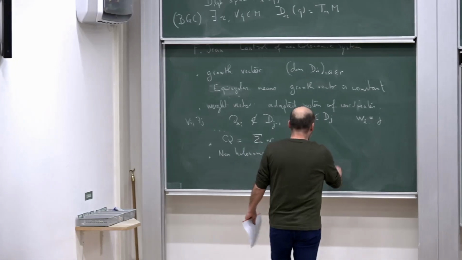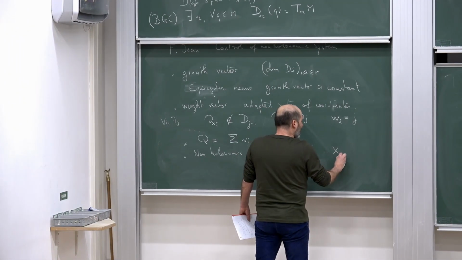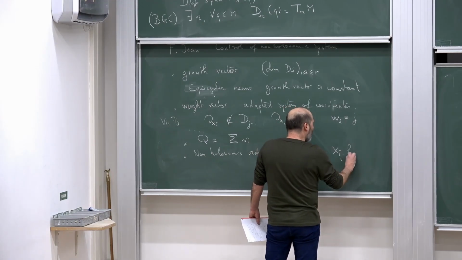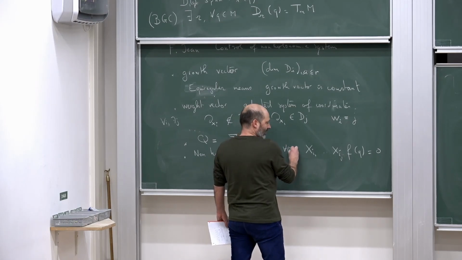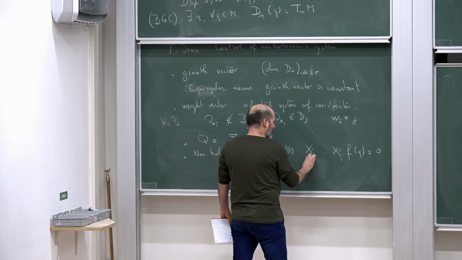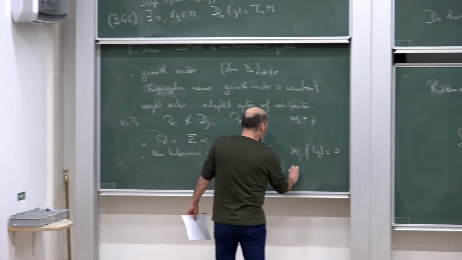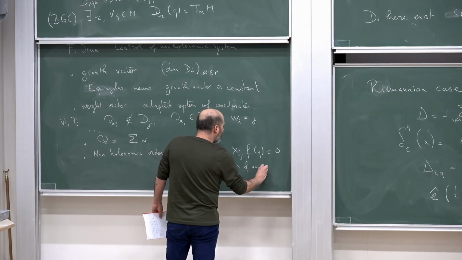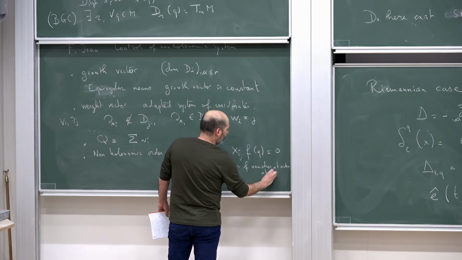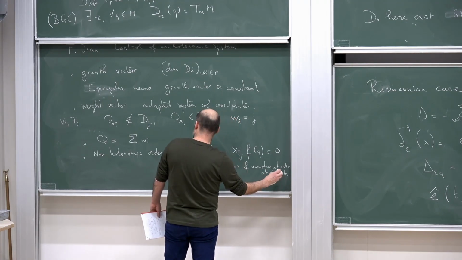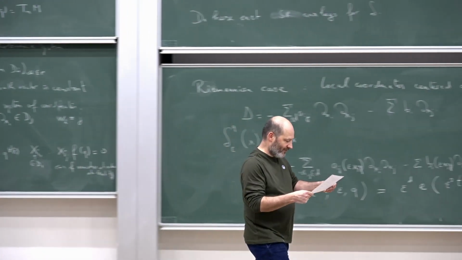You differentiate only in the directions that are allowed. So xi_1 through xi_j of f at q is 0 for any j-tuple, where the xi's here are in D1. If you have this condition, it means that f vanishes at order at least k. K is my number of vectors.